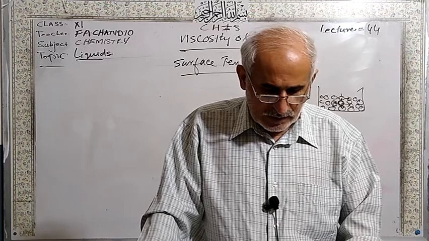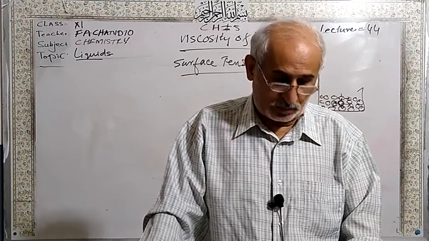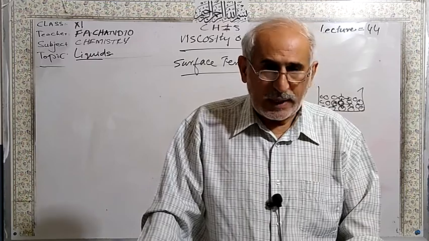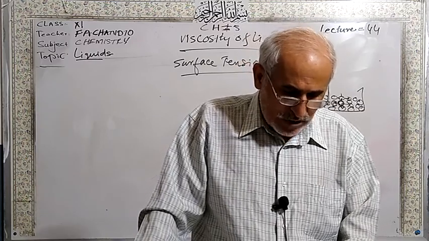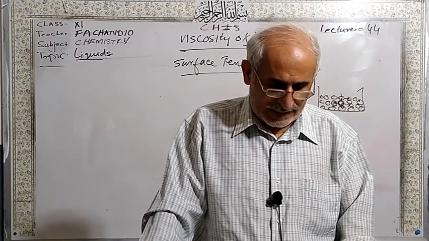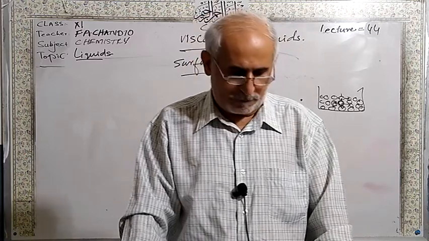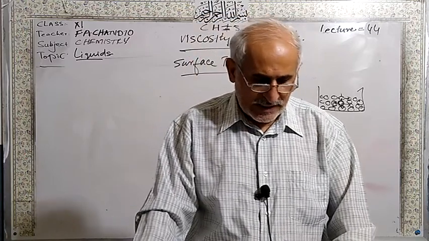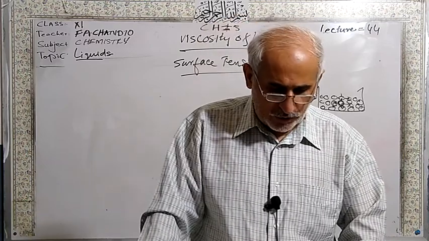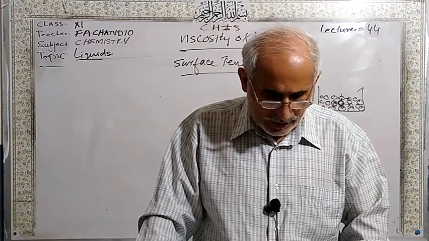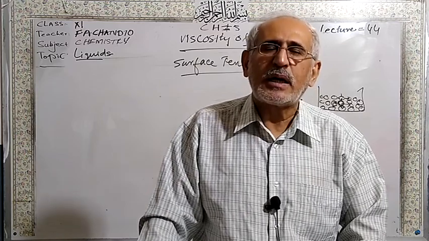This occurs when the liquid has a minimum surface area. Spheres have less area per unit volume than any other shape. Therefore, small drops of liquid tend to be spherical.